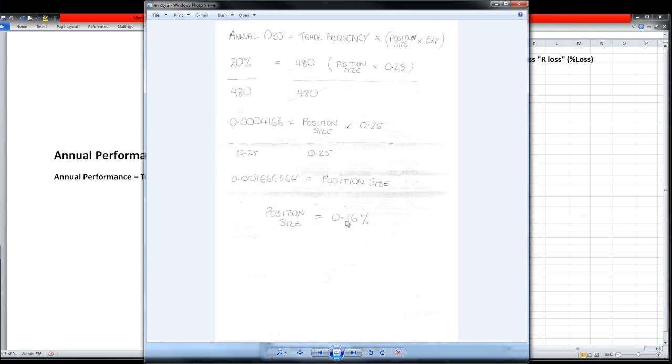Have a bit of a think about that for a second. Even if you're in a situation where you have 10 losing trades in a row, you're going to risk, what's that, about 15, 16% of your account.